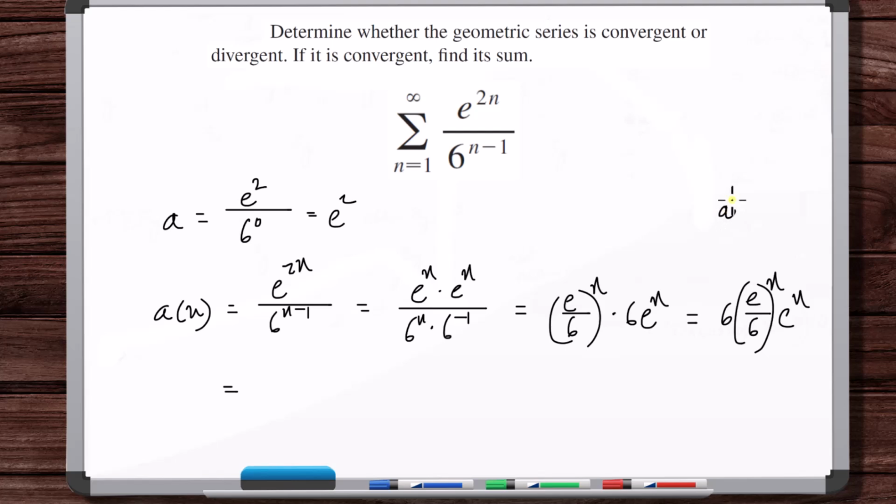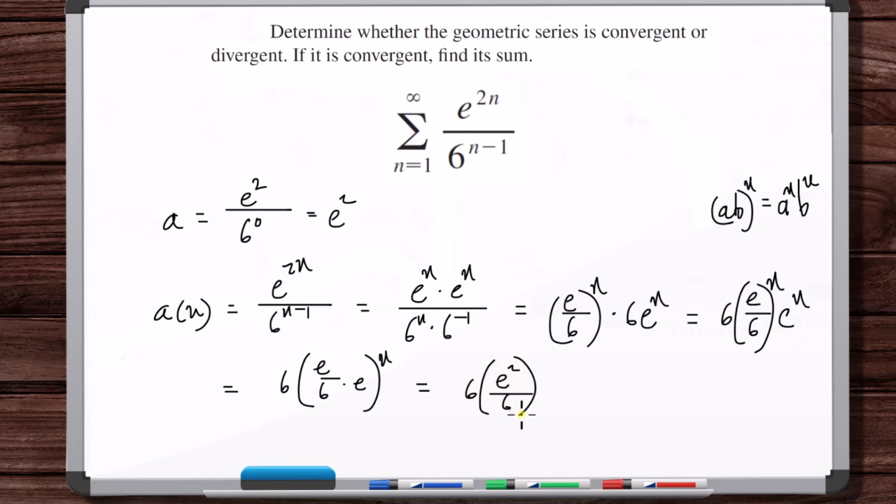If you have (a b) to the n, that's a to the n times b to the n. So this would be e over 6 times e to the n, so e squared over 6 to the n. And so there's the common ratio, e squared divided by 6. Well, we know the first term is e squared.